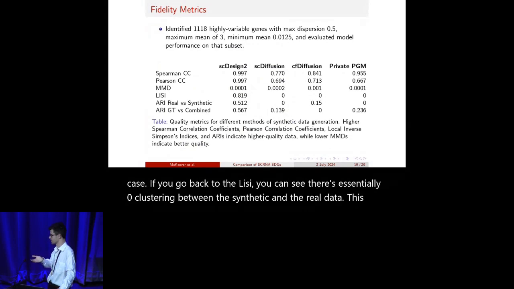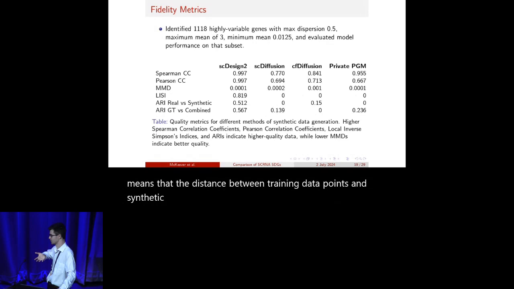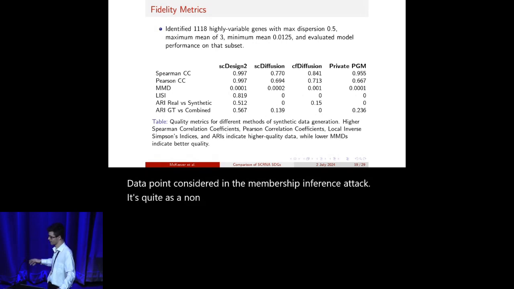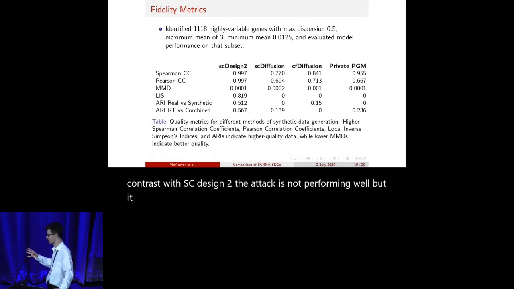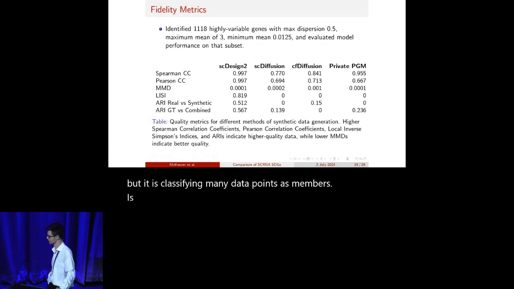This means that the distance between training data points and synthetic data points is so large that essentially every data point considered in the membership inference attack is classified as a non-member, which gives it 50% accuracy. By contrast, with SC Design 2, the attack is not performing well, but it is classifying many data points as members. Does that answer the question? Thank you.